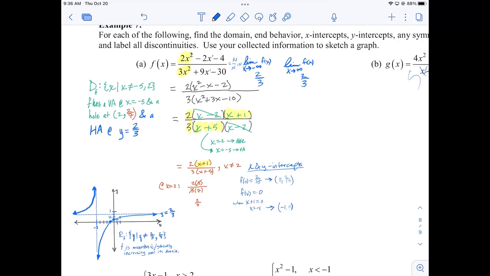Well, that's the domain. Find the domain. Let's look at the horizontal side.